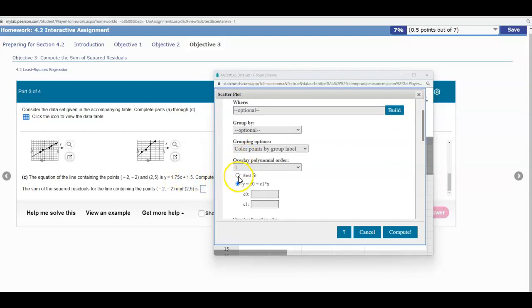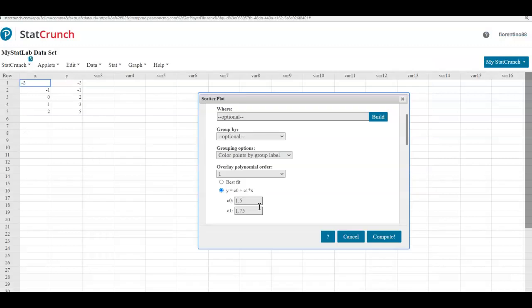So I want to select this second option. This is our equation, and this is how we want to put it in here. This C0 represents the y-intercept, and the y-intercept is 1.5, so I'm going to put in 1.5. Then we have our slope, and our slope represents 1.75, so I'm going to put that in there, 1.75.